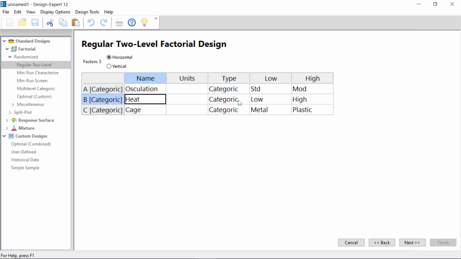However, this particular factor here is actually a factor that would have a number associated with it, only for confidentiality reasons. In fact, both these first two are numeric factors, but the company didn't reveal exactly what those levels were. So we'll just keep them disguised as categoric. So really the only true categoric is the cage, the 2 different materials that are being used.